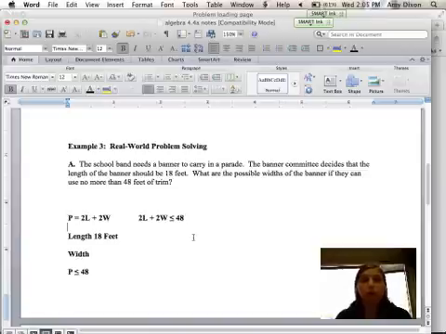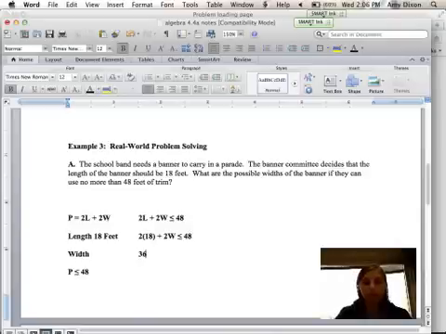And then we can go ahead and plug in what L is, because L we know has to be 18 no matter what we do. So 2 times 18 plus 2W has to be less than or equal to 48. So then we can solve this. 2 times 18 is 36. 36 plus 2W is less than or equal to 48.